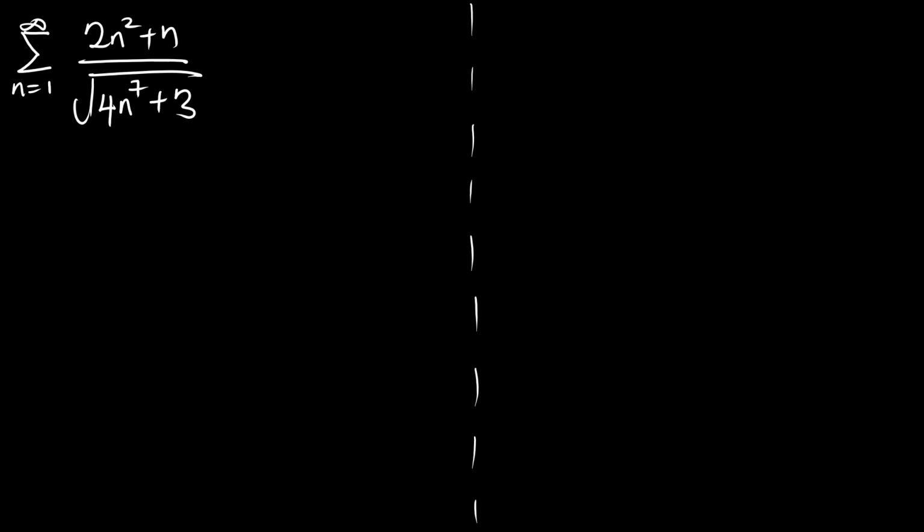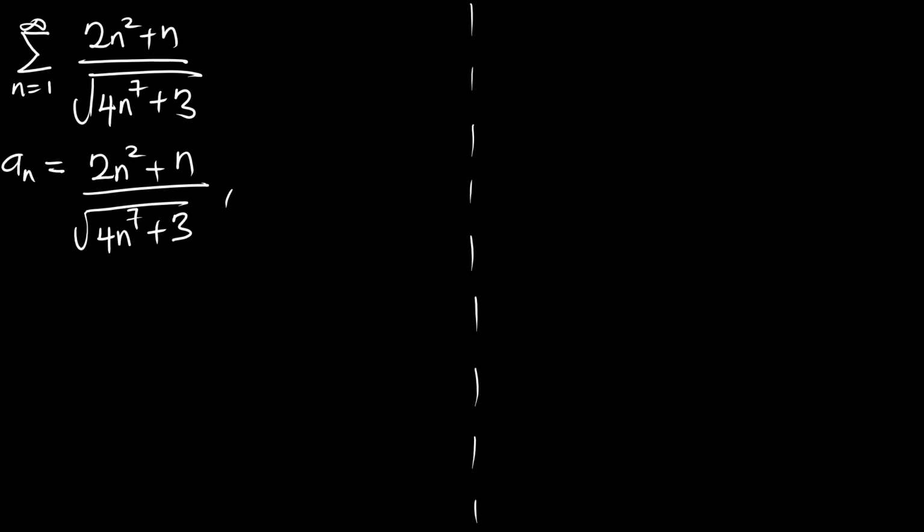So here we still have to find our an and bn, but not in the order of which one is the largest or which one is the smallest. So I will assign the original expression as what? An. So which is 2n squared plus n on square root of 4n to the power 7 plus 3. Then I will say my bn.